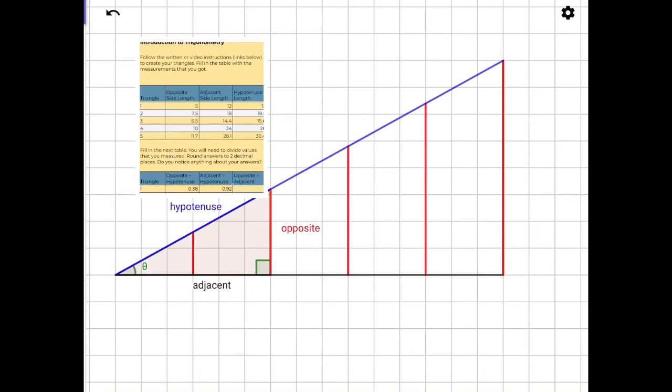In the second column, you're going to divide the adjacent value by the hypotenuse for each triangle. And in the third column, you should divide the opposite side by the adjacent side for each of the 5 triangles that you have drawn. Pause the video to do this now.